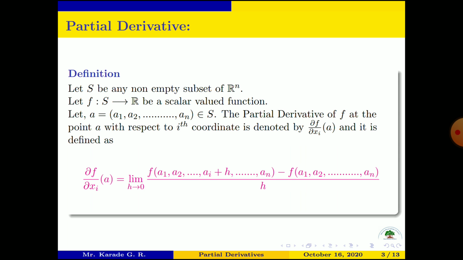So this is the definition of partial derivative of function f with respect to ith variable xi at point A, provided that the limit on RHS exists.